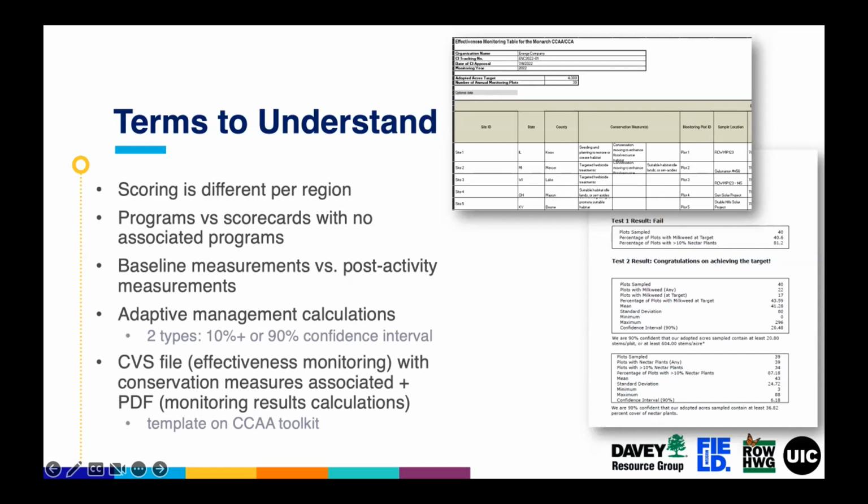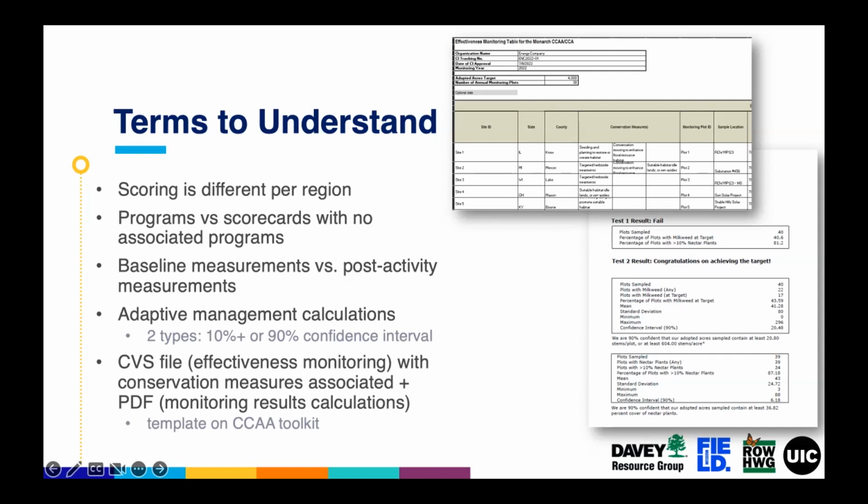Maybe just one quick point of clarification, Caroline, back to the adaptive management calculations. Again, as folks will probably recall, there are two different methods for calculating adaptive management. The first one is if 10% or more of your monitoring plots did not meet either the milkweed or nectar plant cover, depending on which region you're in. And then the alternative method is the 90% confidence interval calculation.